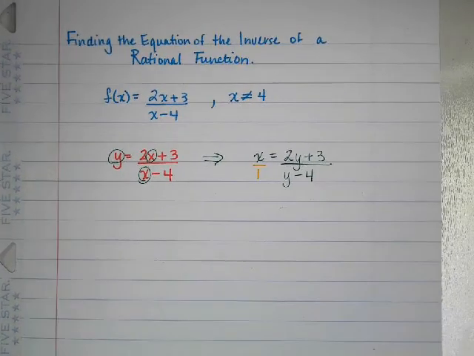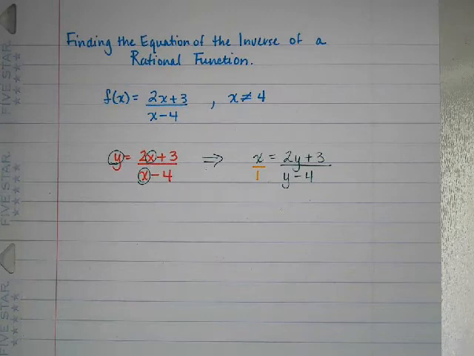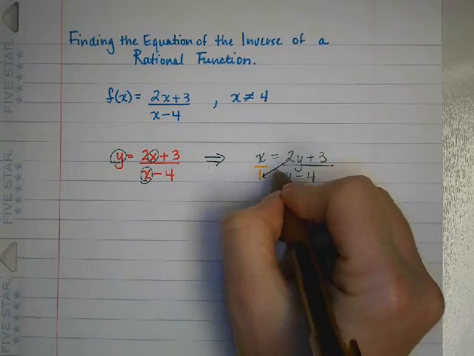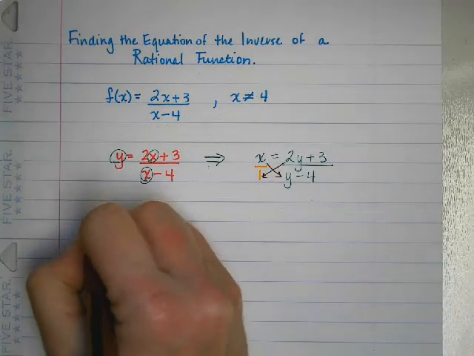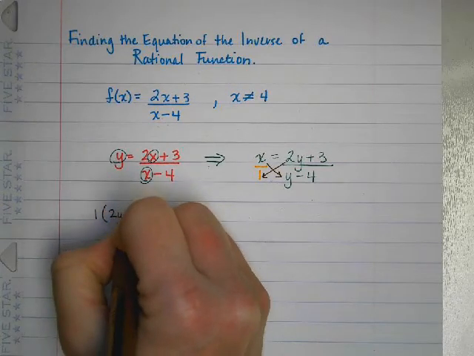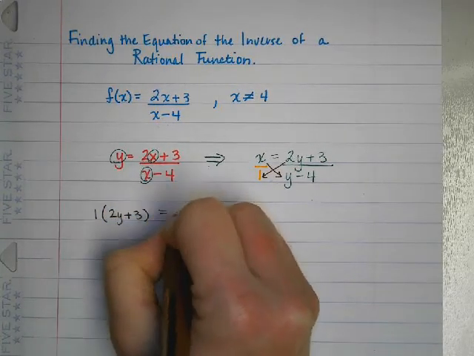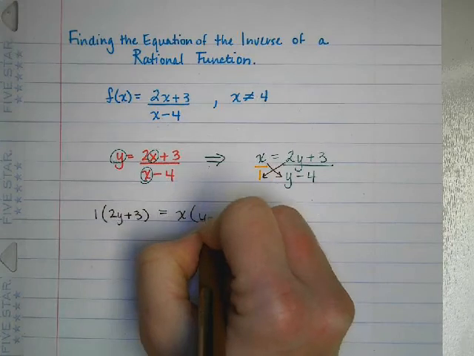All whole numbers, x is a whole number, are understood to be over a 1. I'm going to cross multiply this so that I don't have fractions anymore, so that everything's all on one line, because that makes my life a lot easier. So I end up with 1 times 2y plus 3 equals x times y minus 4.